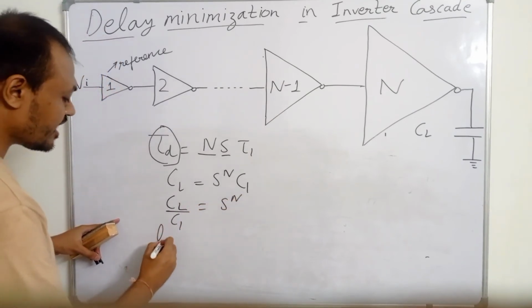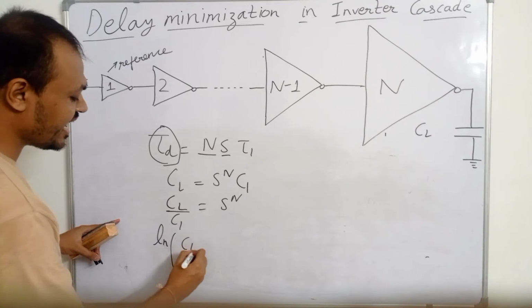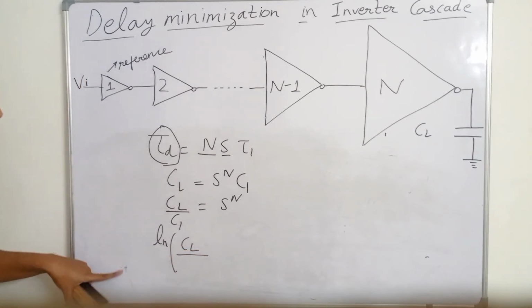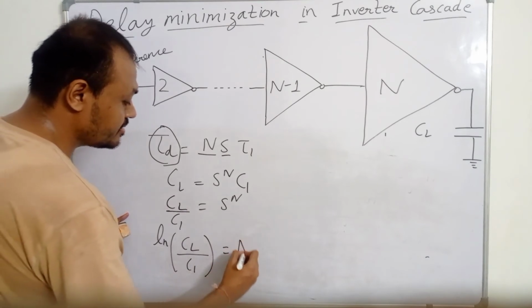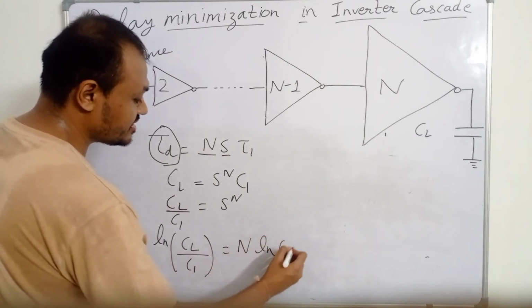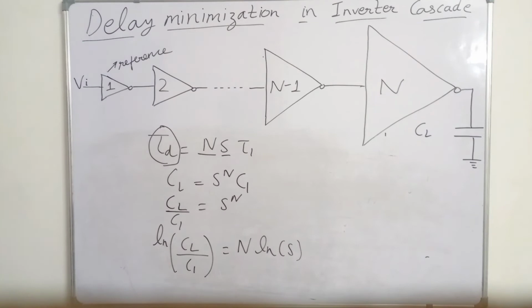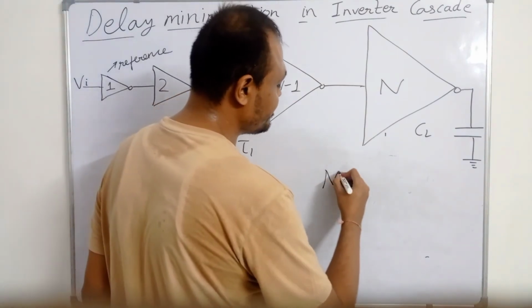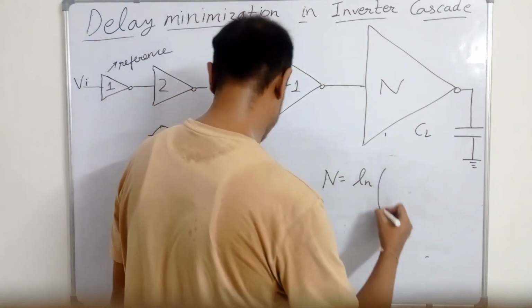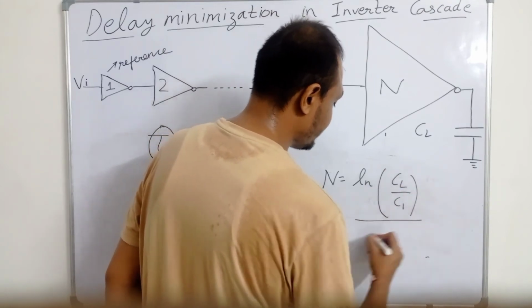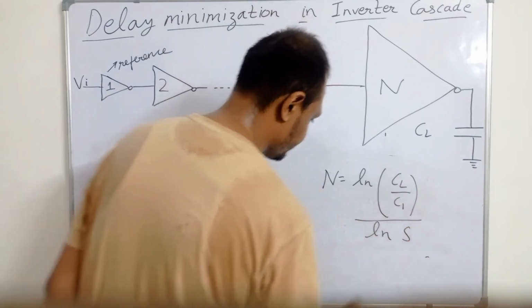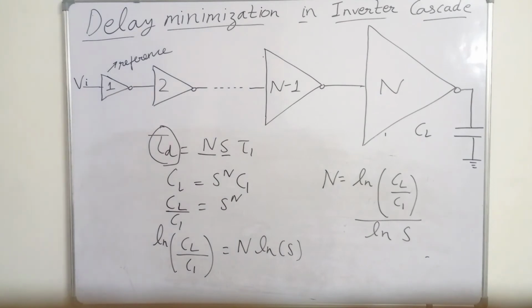Now take the natural logarithm of both sides: natural logarithm of CL upon C1 is equal to n natural logarithm of S. So the value of n will be equal to natural logarithm of CL upon C1 upon natural logarithm of S.